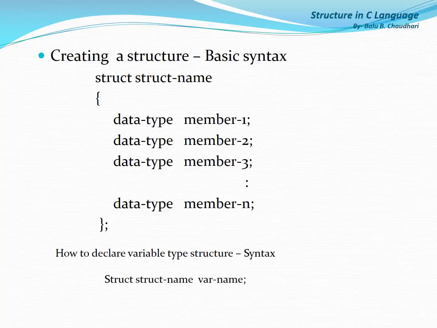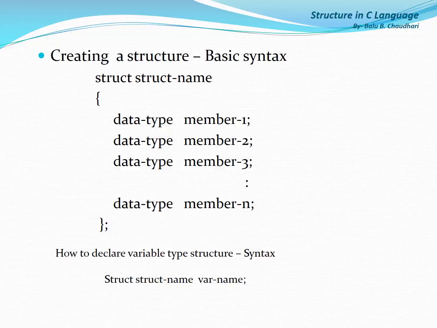Look at this slide, the basic syntax is given here to create a structure. Here we use the struct keyword to create a structure followed by the structure name. You can give the structure name anything of your choice. A structure consists of data members. Data members can be the same or different.